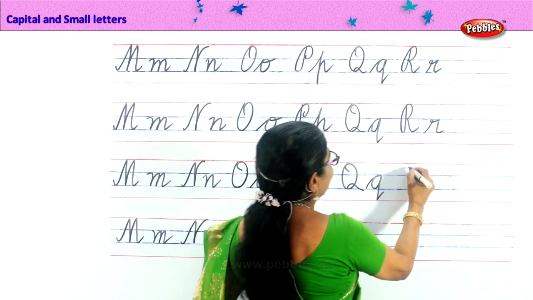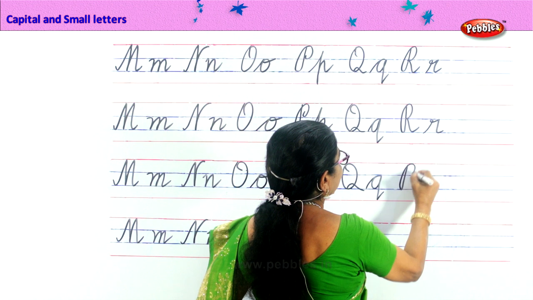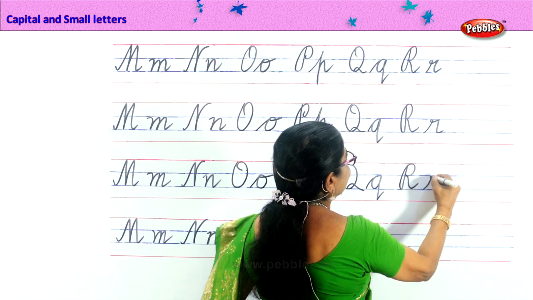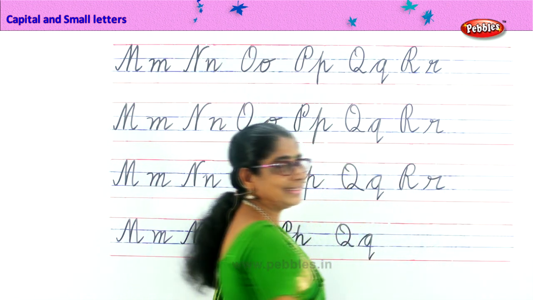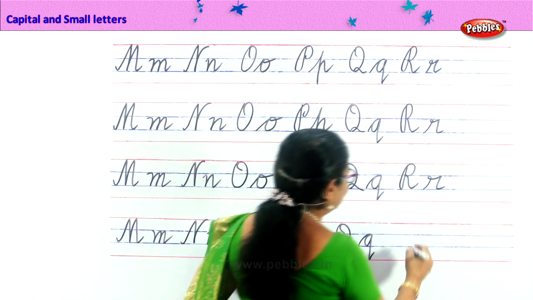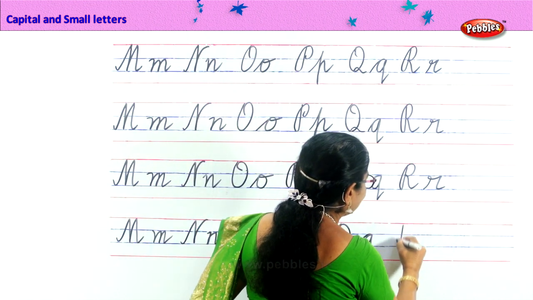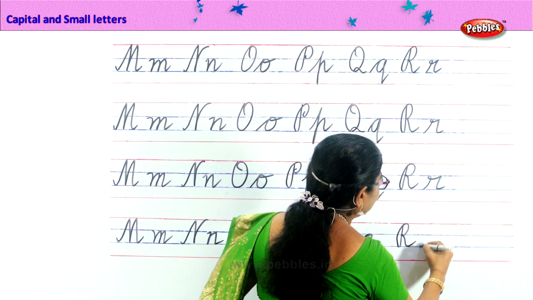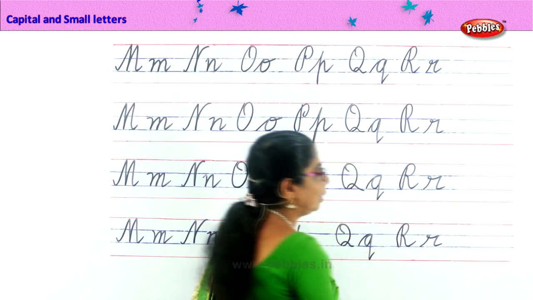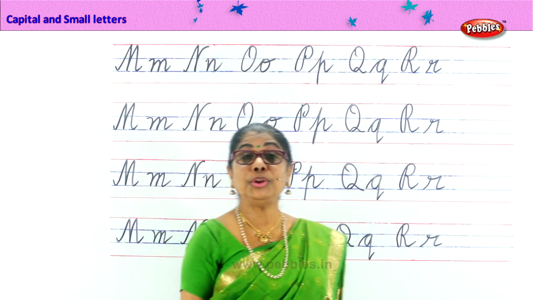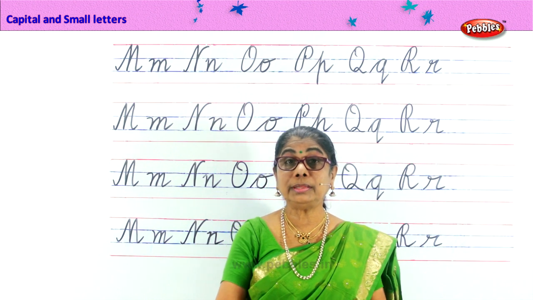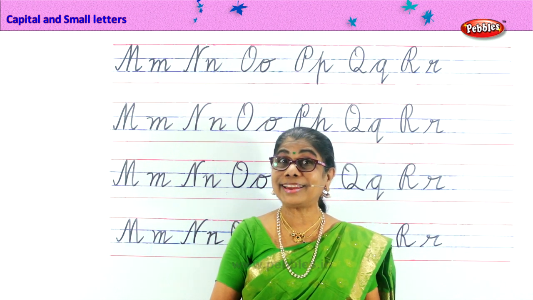And the capital R like this, and the small r is like this. The capital R, this, and small r. Yes? Now you need to practice a lot. Only then you will get the correct formation.